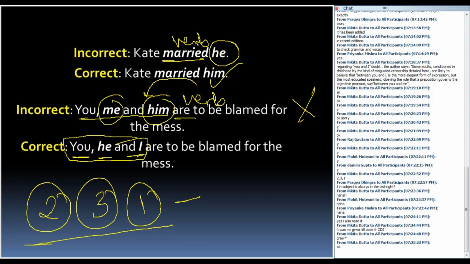Okay, so 231 is the absolutely correct order. Always keep the donkey at the last.